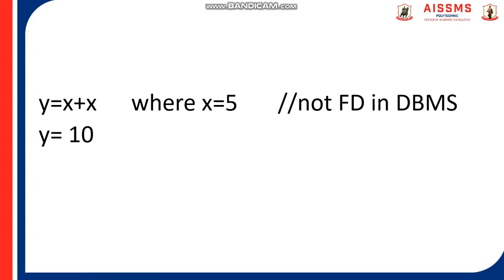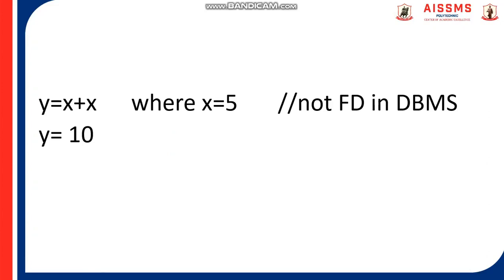But the confusing part is that in this example, I am going to tell you this is not a functional dependency. Here is one expression, Y is equal to X plus X, and I am giving you the value of X, and you calculate 5 plus 5 is equal to 10.